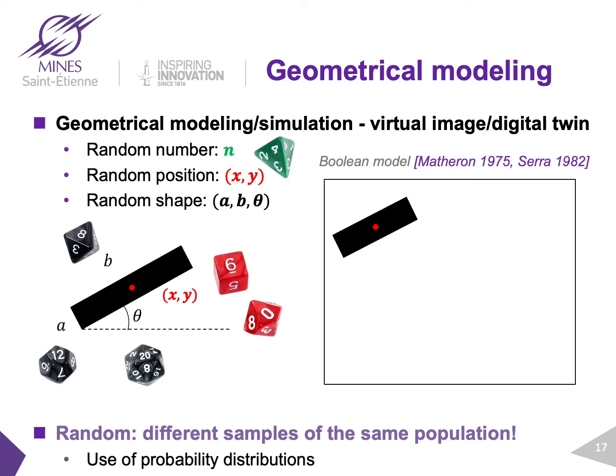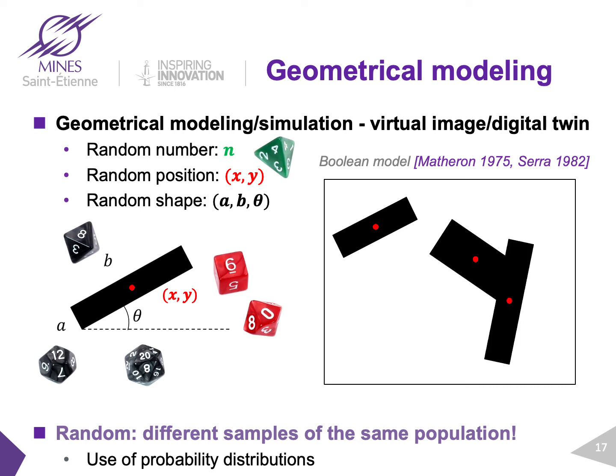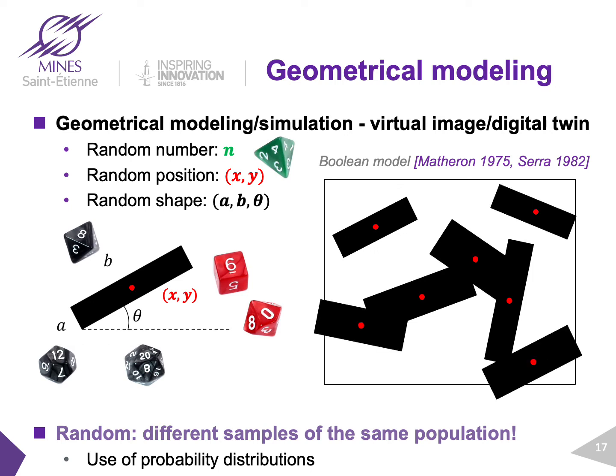So I have to continue until this value is reached. So I continue with the second rectangle. I throw again my red and my black dice. I have a second rectangle, and I continue until n equals 8. Okay. And I can make the intersection with the observation window. And here is a simulation of my Boolean model of rectangles.